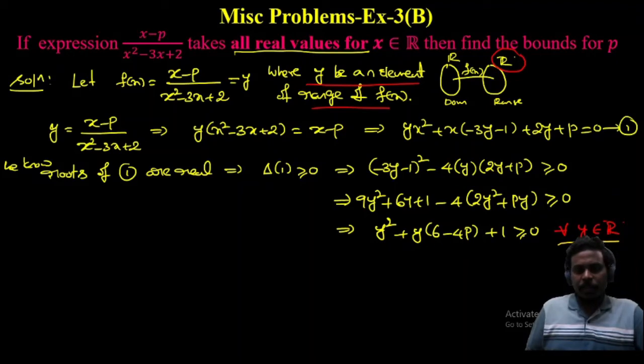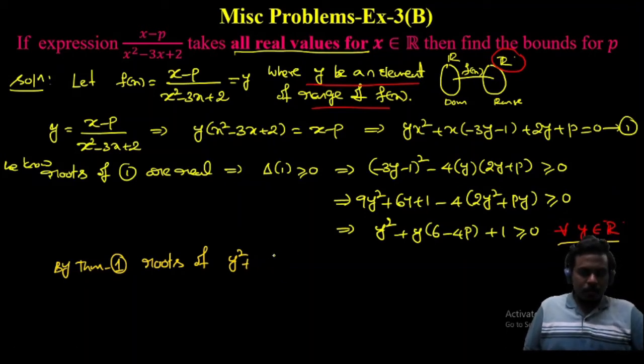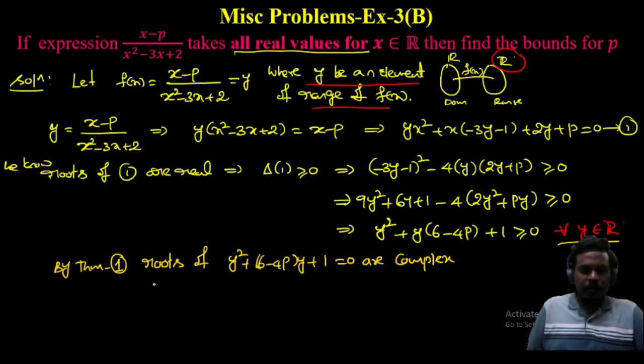If we consider this as an expression and it is positive, then by theorem 1 we have studied, the roots of y square plus 6 minus 4p into y plus 1 equal to 0 are complex in nature. This is by theorem 1.